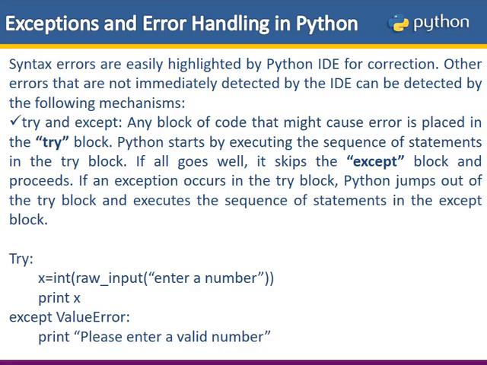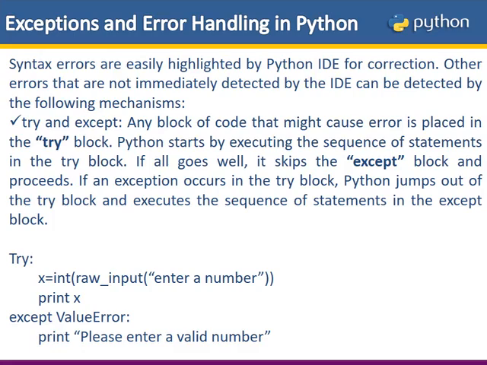Of the three types of error we discussed earlier, syntax, semantic and logical errors, syntax errors are easily highlighted by the Python IDE. Other errors are not immediately detected by the IDE, but can be detected by the following mechanisms.